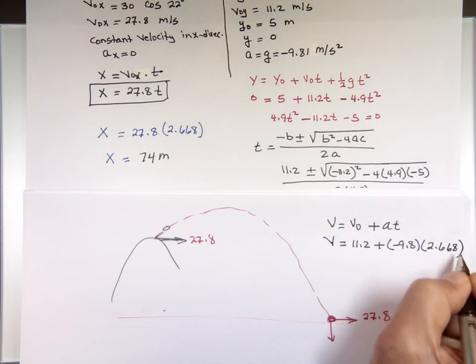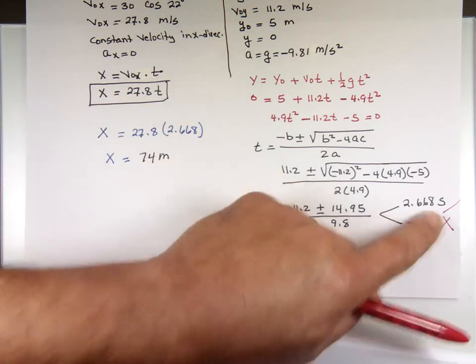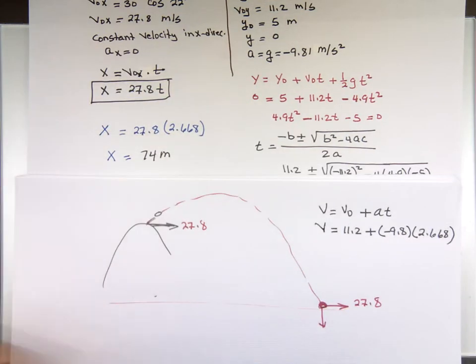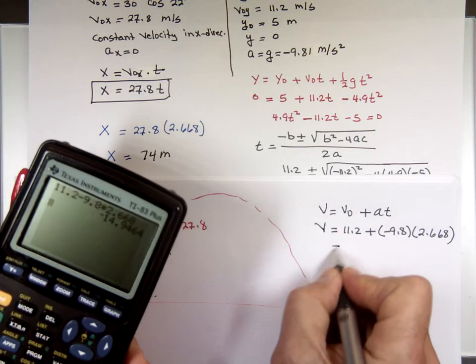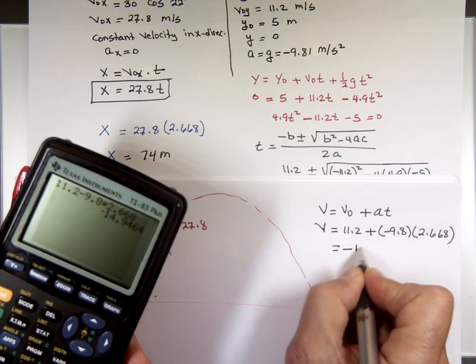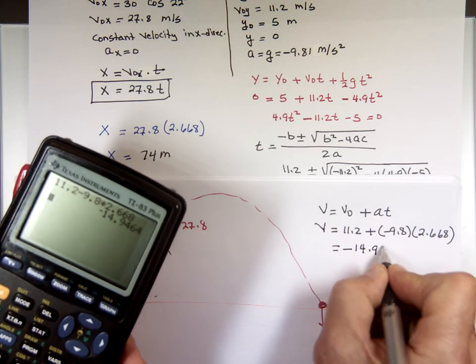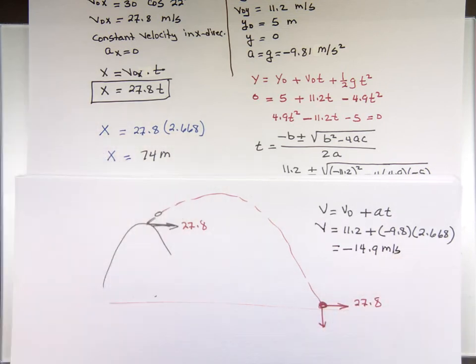That's an s for seconds. Oh, yep, okay, I forgot that. So the velocity in the y direction is negative, roughly 14.9. So now I know the jumper has a velocity in this direction.